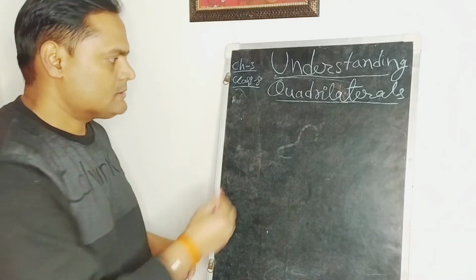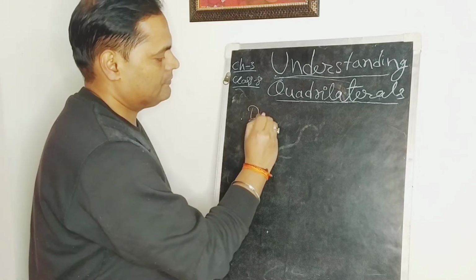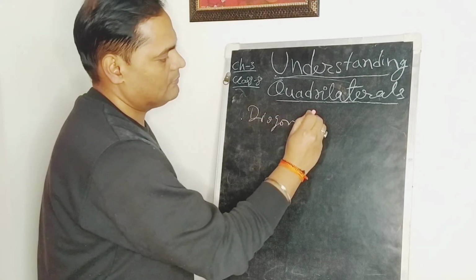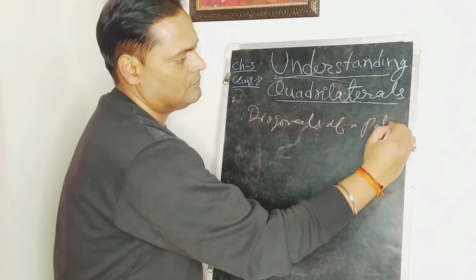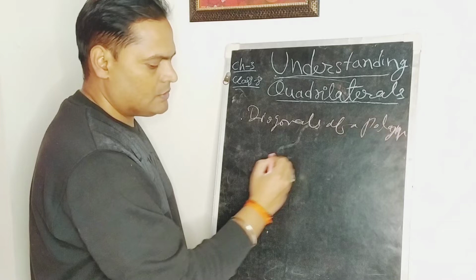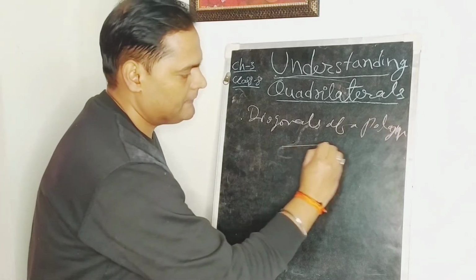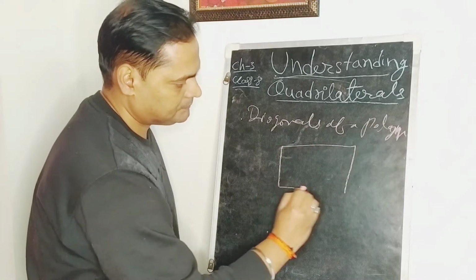Okay, so the next topic is diagonals of a polygon. So what are diagonals? Let's see. This is a rectangle.